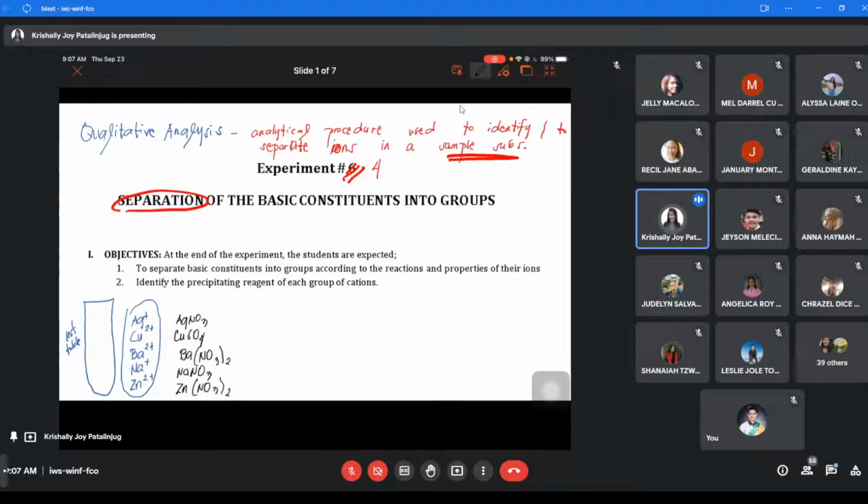So these are the test solutions. We cannot put a single ion in a test tube. They must exist in a test solution, as compounds. So you have silver nitrate, cupric sulfate, barium nitrate, sodium nitrate, and zinc nitrate in one test tube. So the five are mixed, let's say 3 drops or 5 drops of each in one test tube.